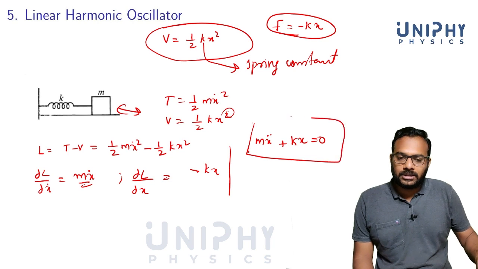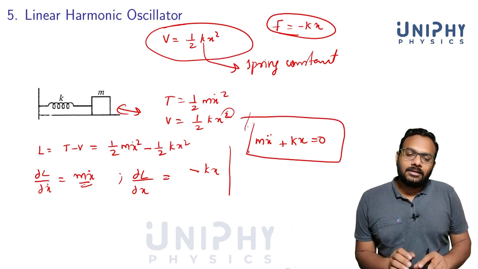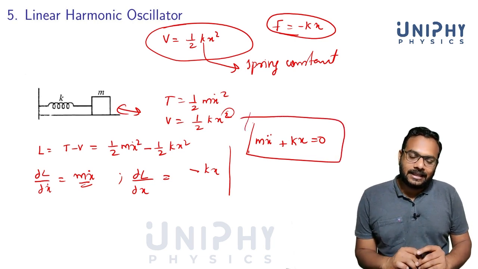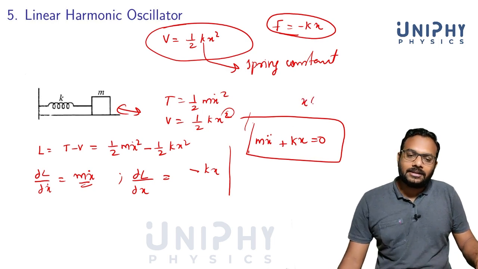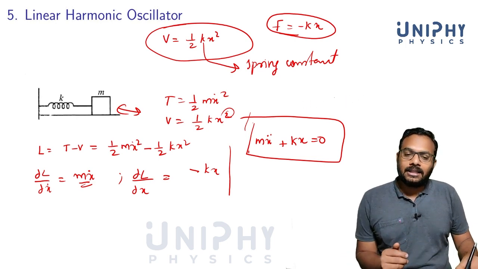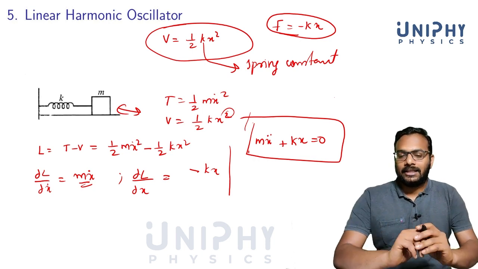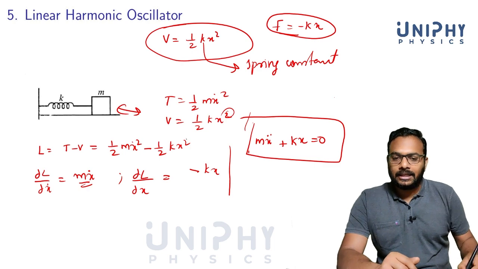That's the equation of motion. If you know the initial conditions x and x dot, you can solve this equation and find x of t and x dot of t, the position and velocity at any other time.